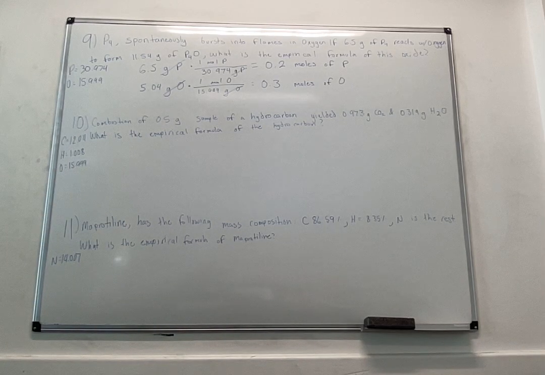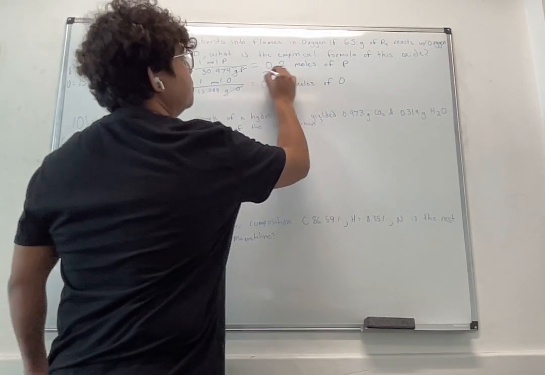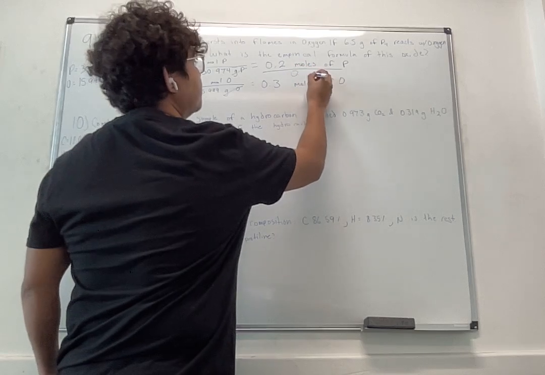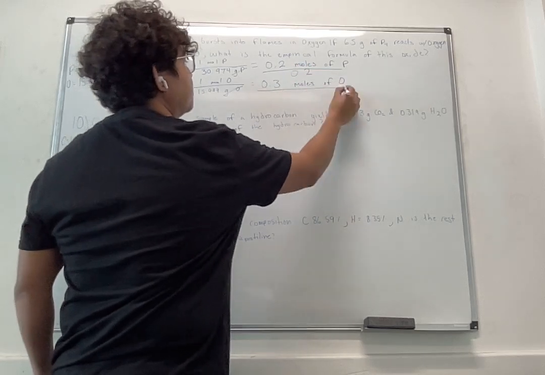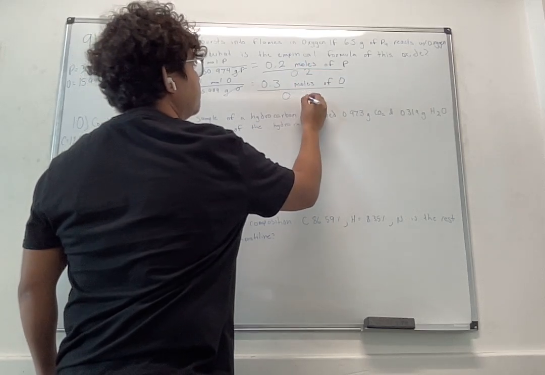Now, every time you see empirical formula or limiting reagent, we're going to see this later on a little bit, you're going to divide by the lowest number of moles. For example, in this question, 0.2 is lower than 0.3. So we do 0.2 divided by 0.2, and 0.3 divided by 0.2.